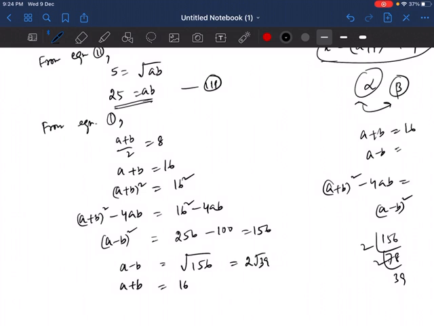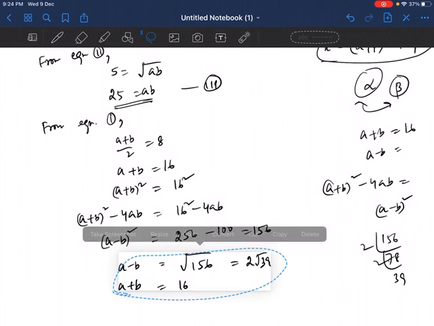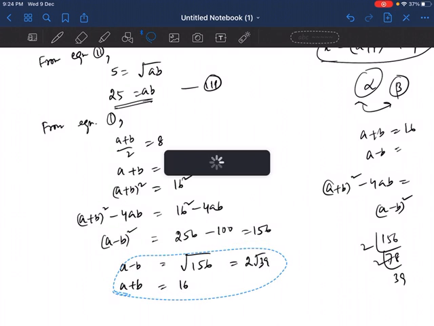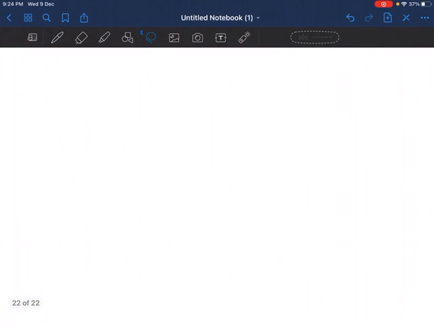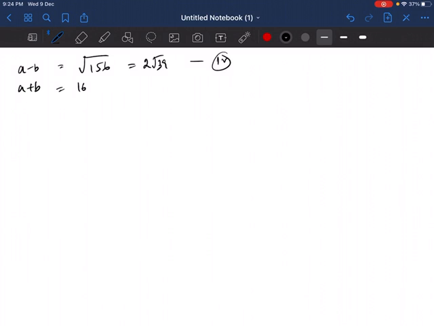So all you have to do is find the value of a and b. Let me just copy this one and go into the next page. So a minus b is 2 root 39 and a plus b is 16. Now all you have to do is add these two equations. So let me first write this one, equation number 4.